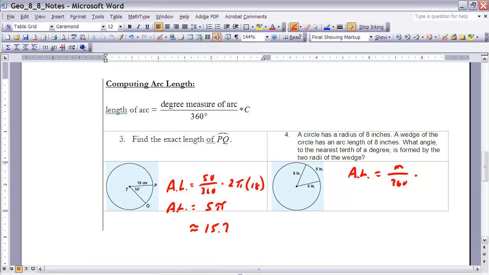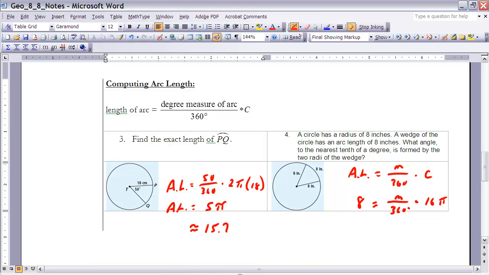In this case, I'll just leave it as circumference for right now. So the arc length we know is 8 inches. We don't know what the measure is, so I'm going to put the measure over 360. And then I have to make that times the circumference, which is 16 pi, 2 times 8 times pi.